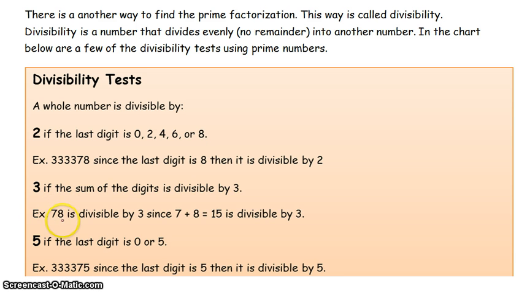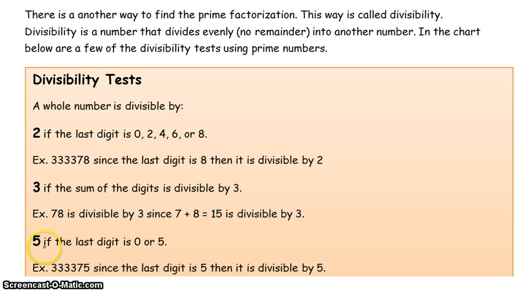Example, we have the number 78. Even though it's even, it is divisible by 3 because 7 plus 8 is 15. So we know 3 goes evenly into 15, so that means that 78 is divisible by 3.